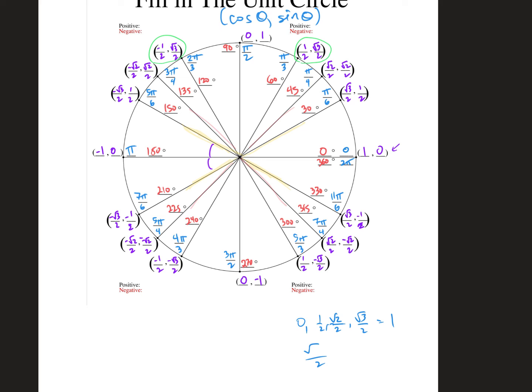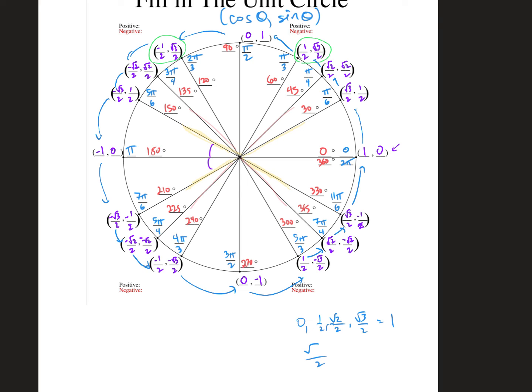And then if you look at the values of cosine, they start at 1 and go down to 0, and then down to -1, back to 0, and then back to 1.